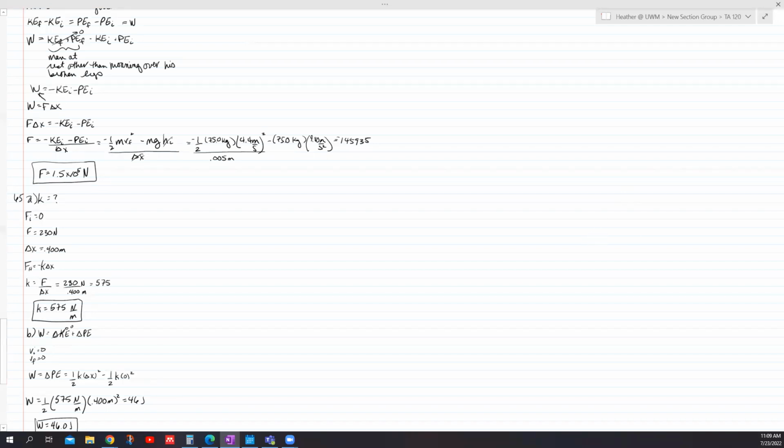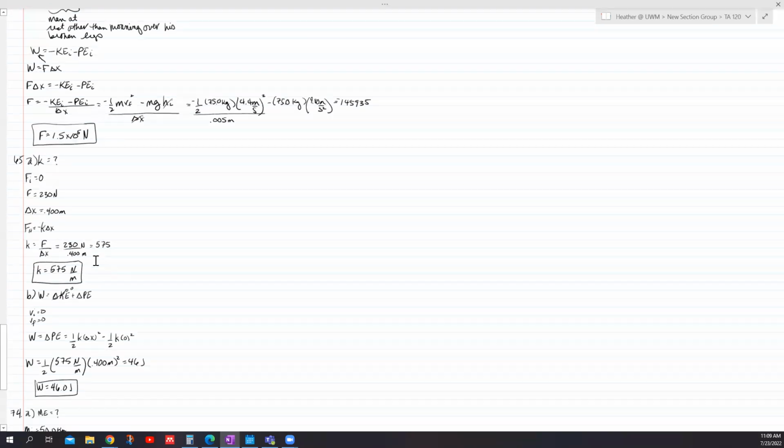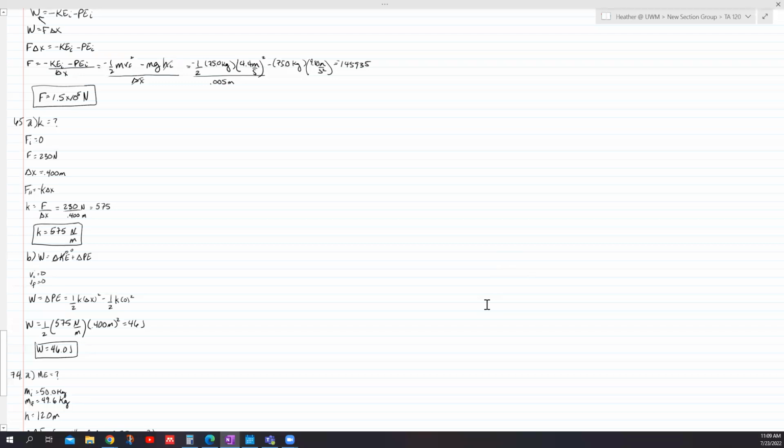All right, so we're going to backtrack and go to 65. An archer pulls her bowstring back 0.400 meters by exerting a force that increases uniformly from 0 to 230 N. What is the equivalent spring constant of the bow? All right, so again, what do we need? We need K. We are given initial force of 0.